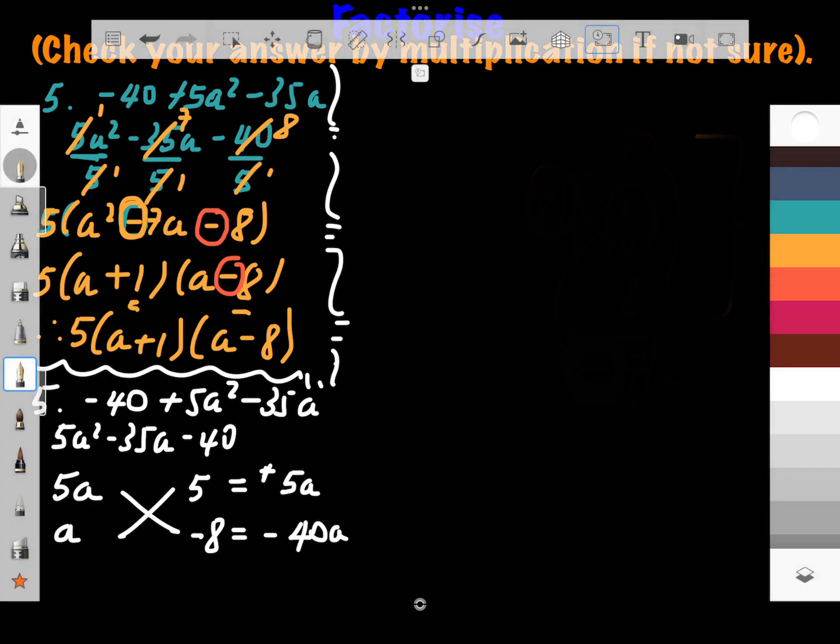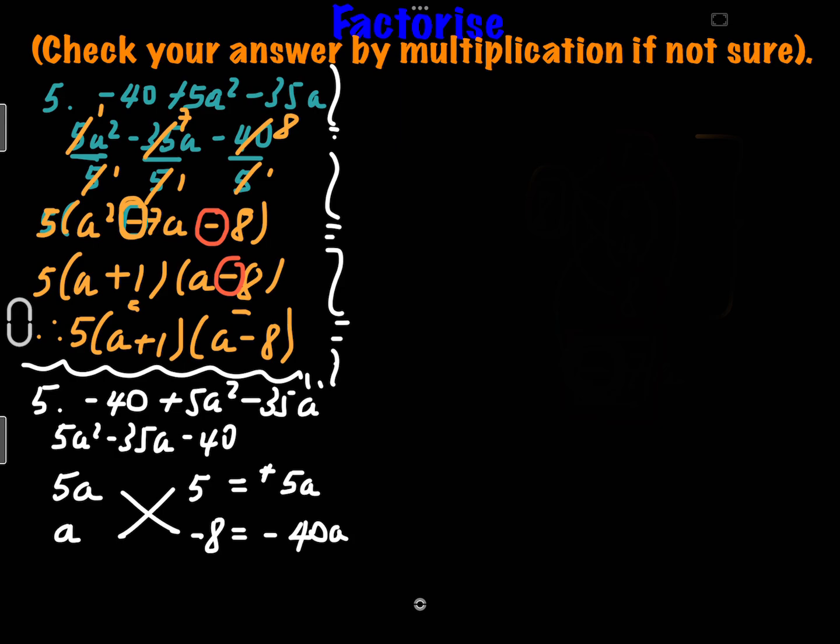The idea holistically is to ensure that we always add those two products to get a sum. So positive 5a plus negative 40a gives us negative 35a.